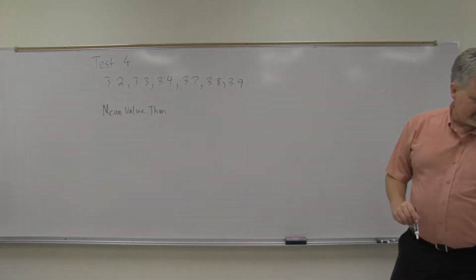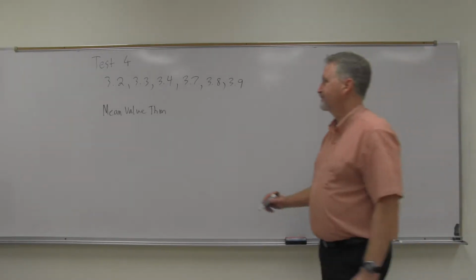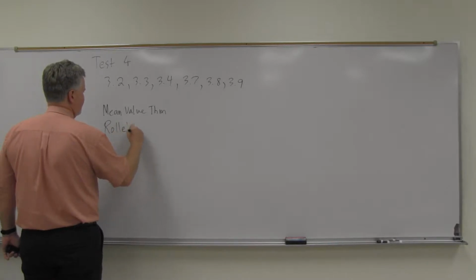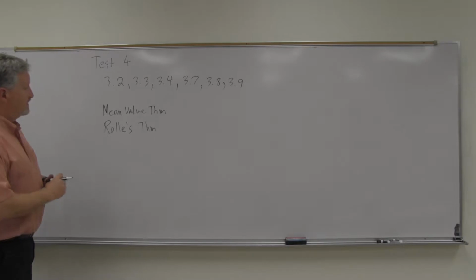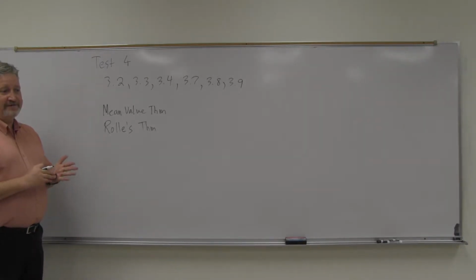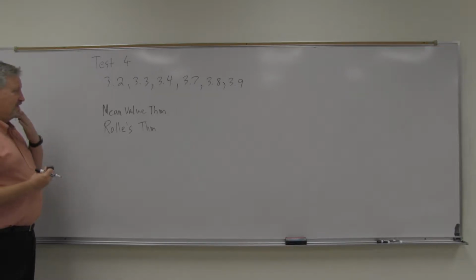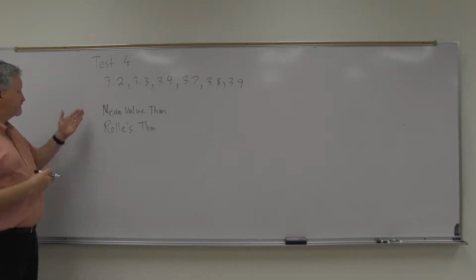The other theorem is Rolle's theorem. So definitely be familiar with those two theorems. Be able to work with those theorems, especially the conclusions. Be aware of those conclusions there.